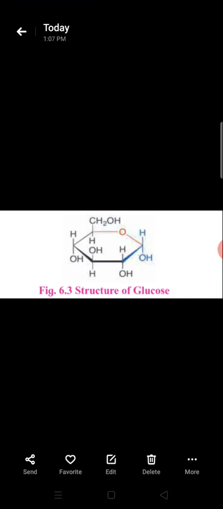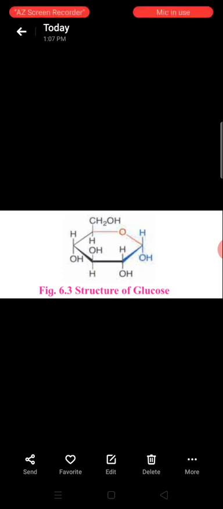Because of its small size and solubility in water, glucose molecules can pass through the cell membrane. Energy is released when glucose is metabolized by cellular respiration. So glucose is the major respiratory substrate used by the living cell.